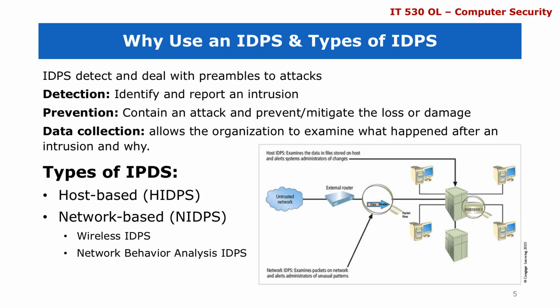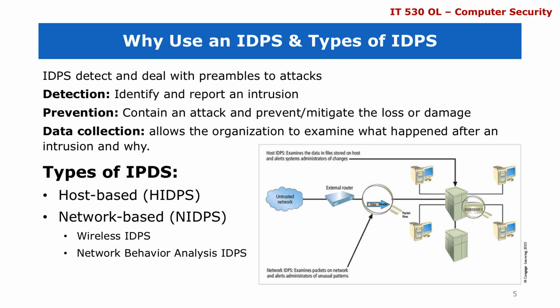So as we mentioned, IDPS pretty much detect and deal with preambles to attacks. When it comes to intrusion detection, their primary purpose is to identify or report an intrusion, not to take an action. They can quickly contain an attack by sending the notification and then someone taking an action, not by themselves, but rather by sending the notification and someone takes action.